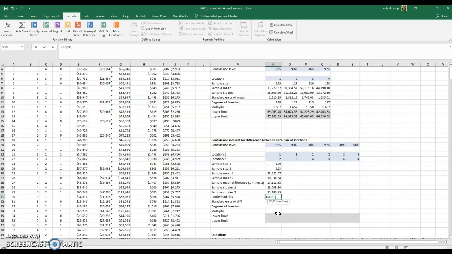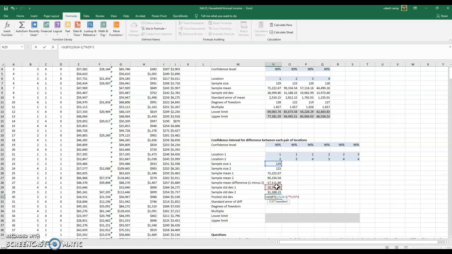So I have the square root, and I will preload those in. So I've got the square root of sample size 1 minus 1 to give us our degrees of freedom. I'm going to multiply that by the standard deviation of sample 1. I'm going to square that.